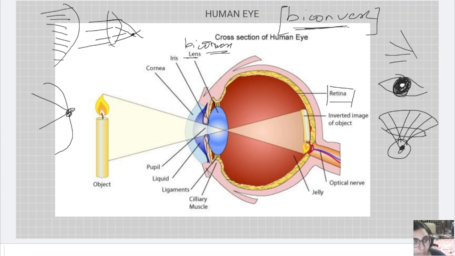So what I had earlier mentioned is that there are three layers of the eye: sclera, outermost, choroid, and then retina. So the choroid is the second layer, as you can understand, and the extension of the choroid layer basically forms the iris.